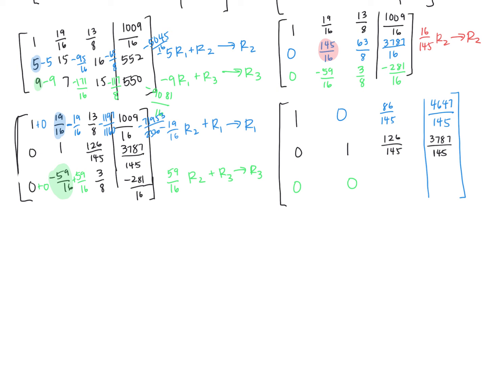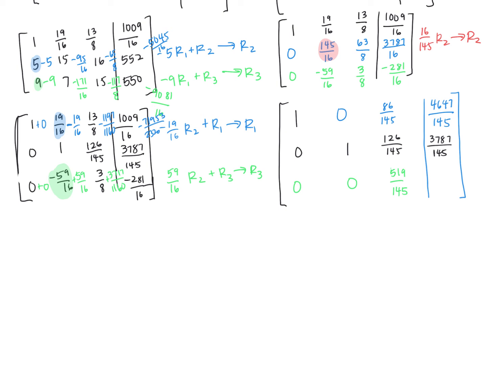And then 59/16 times 126 over 145 gives us 3717 over 1160. And so then we need to add that to the 3/8, and we will get 519 over 145.